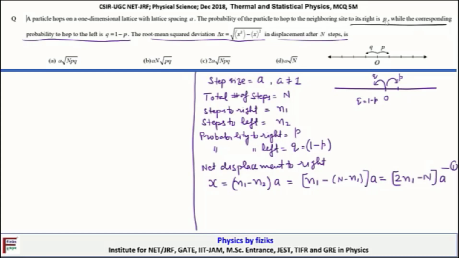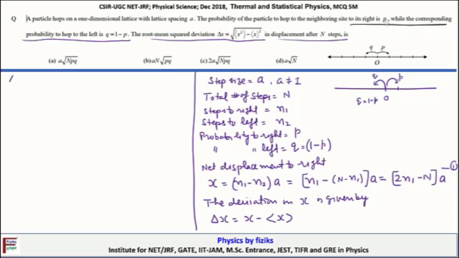Okay, now the deviation in x, so we'll make use of the standard definition of the deviation. The deviation in x, that is delta x, is equal to x minus its mean value. So here we will make use of the value of x given by equation 1, and let's try to evaluate what this is equal to.